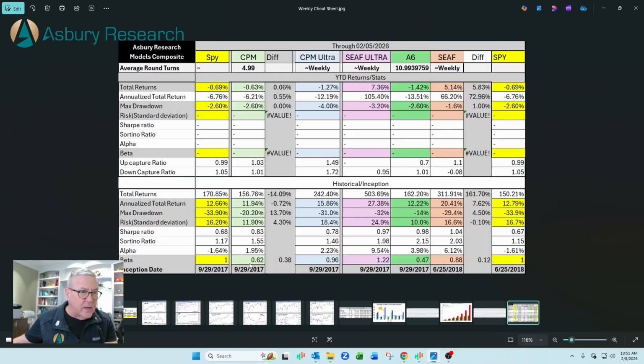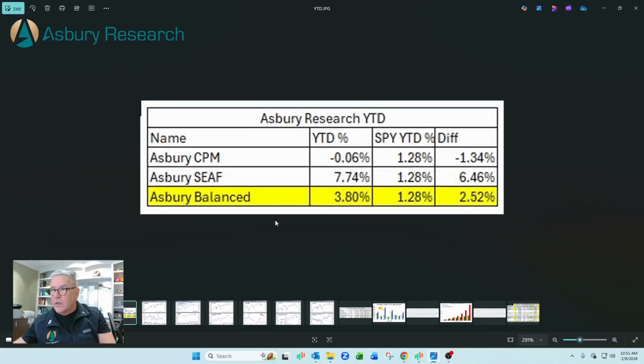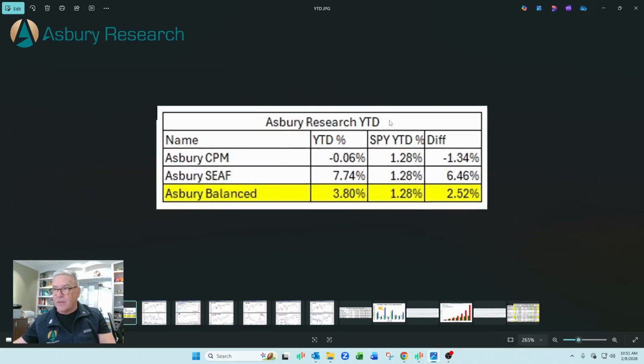Let's look at, let's go here since, so this is since the beginning of the year, right? So this is year to date. We're 5 weeks into the new year. CPM trailing by 0.06.